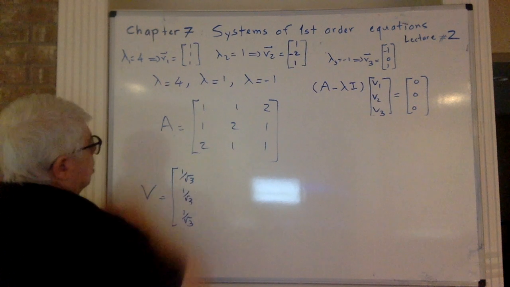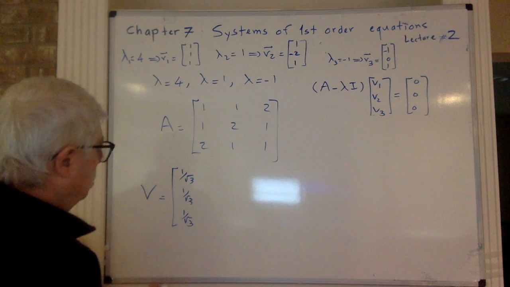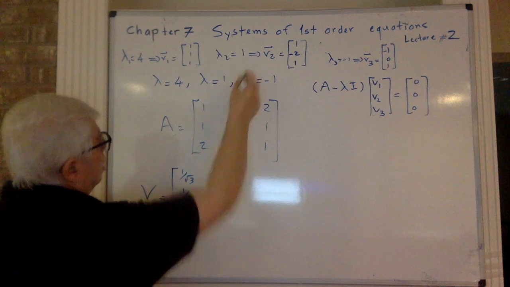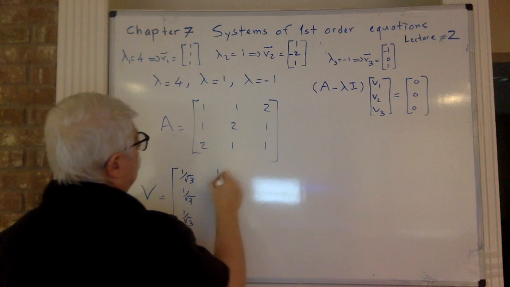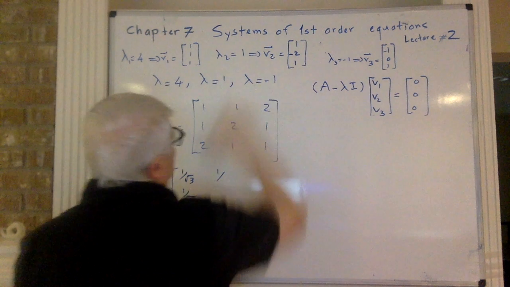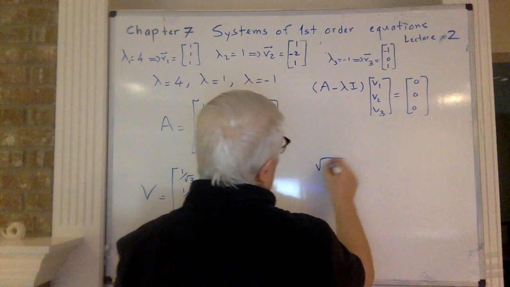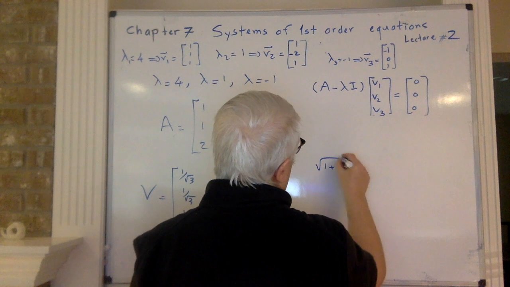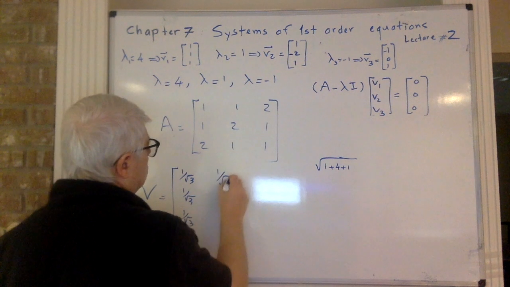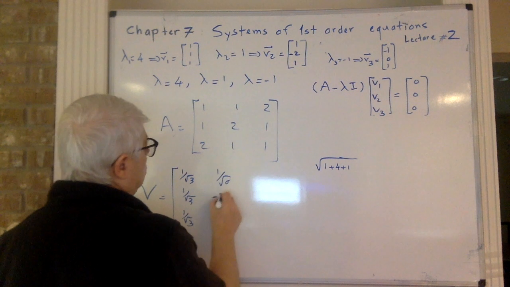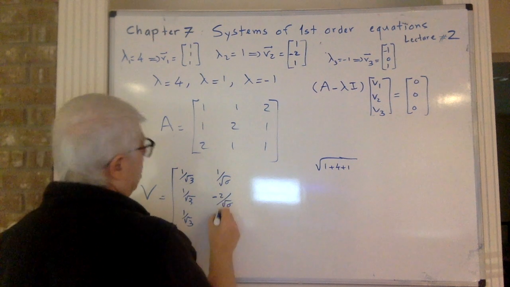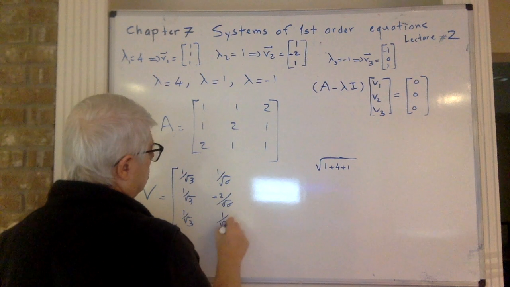That is this one made unit. That one will be 1 over the square root of 1 plus 4 plus 1, that is 6, right? So 1 over square root of 6, minus 2 over square root of 6, and 1 over square root of 6.